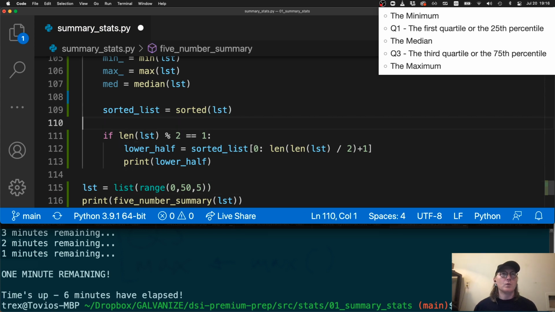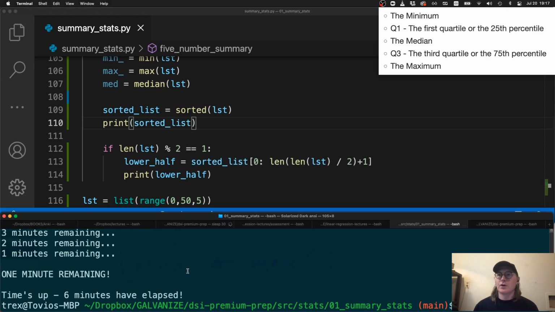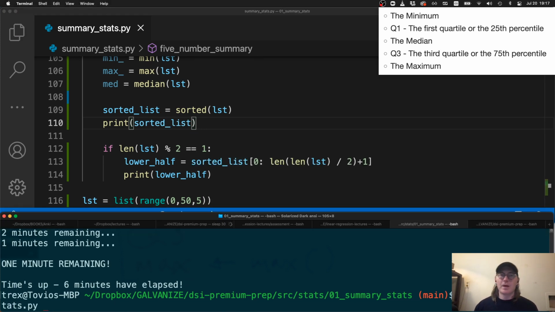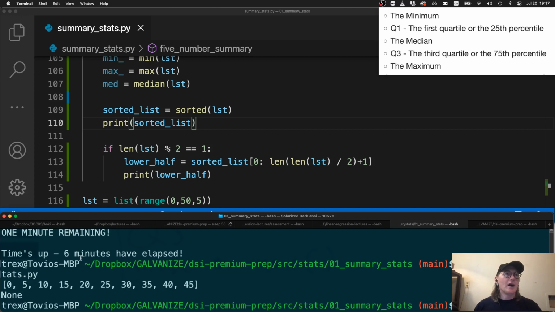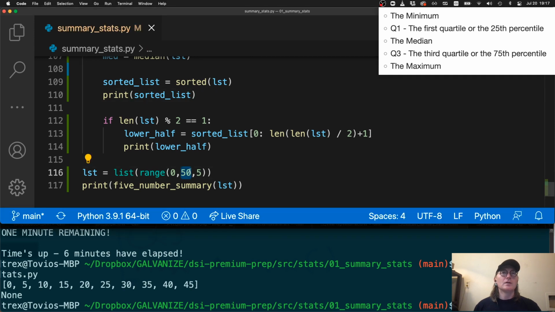Here we'll also print the sorted list, so we'll be able to see this step by step. Oh, whoops. That's an even number of items, so let's do 0 to 51.